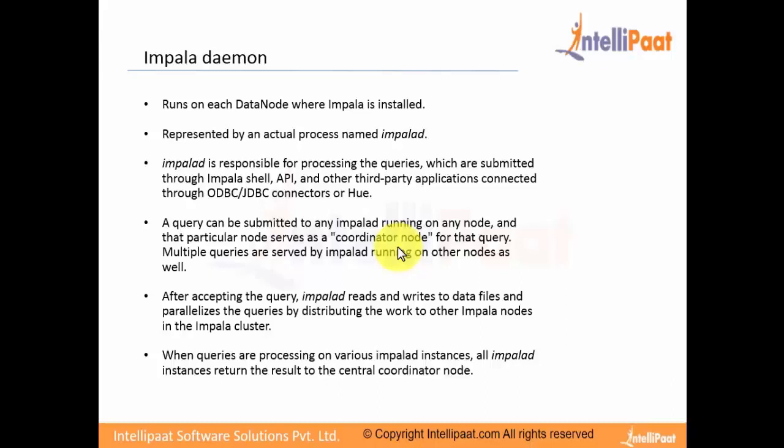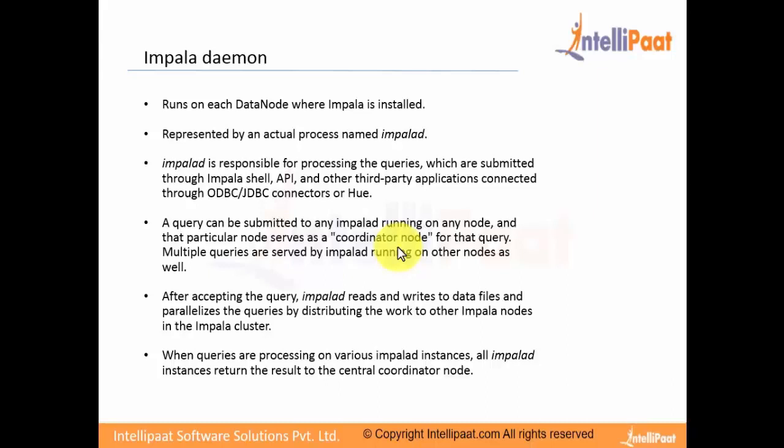Impala D is responsible for processing the queries which are submitted through the Impala shell, the API, and other third-party applications connected through Open Database Connectors or Java Database Connectors or Hive. Now, as we have discussed earlier, the queries can be executed using the shell, the application programming interface, or any other tool.